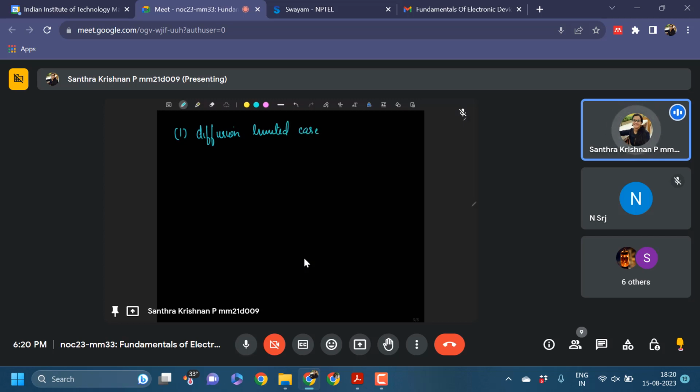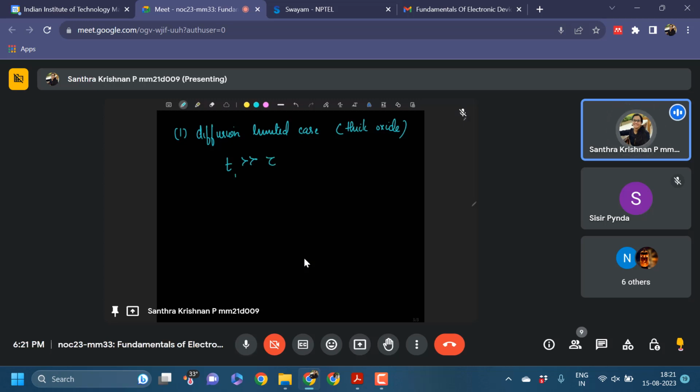Can anybody tell me whether diffusion limited was in terms of thick oxides or thin oxides? When it comes to thick oxide, we have to take two assumptions. One is that T is very much greater than tau.